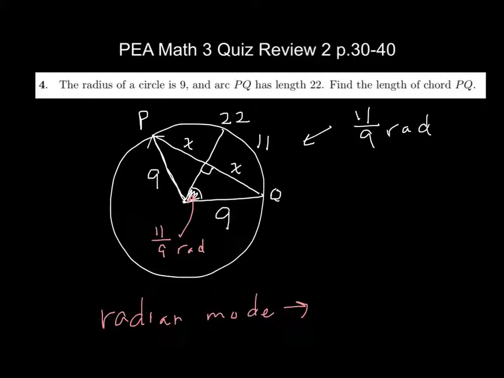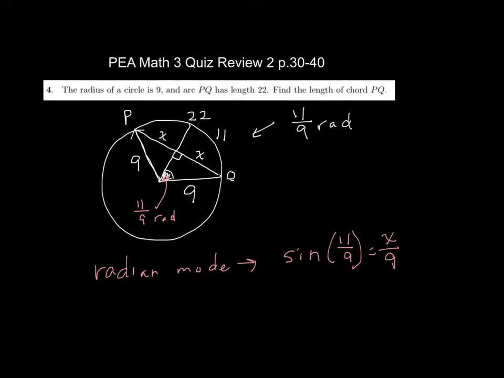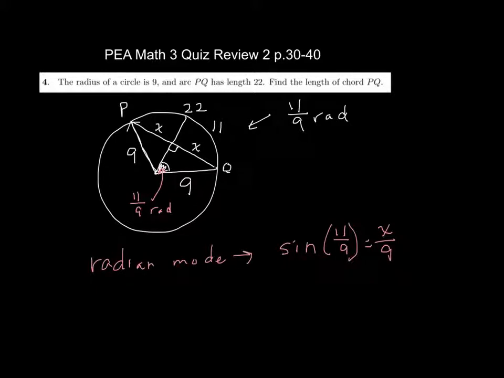And I want to solve for x, so I would do sine of 11 over 9, in radians, equals x over 9. Multiply both sides by 9. So I get x equals 9 sine of 11 over 9 in radians.